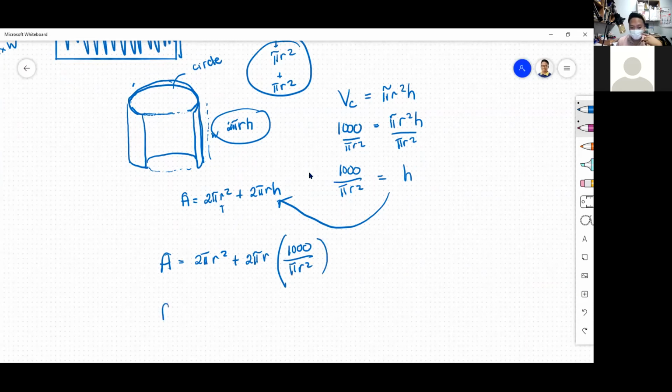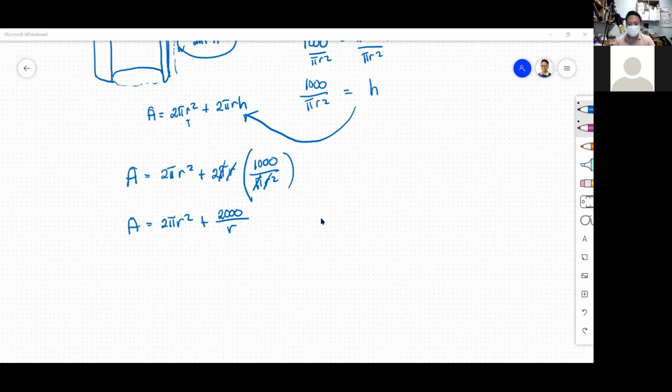And we can simplify it. A equals 2 pi r squared, makancel si pi, tama? 2 times 1,000, that becomes 2,000 over r. Makancel lang sa usa ka r ang r sa denominator. Are we good? Nakasinabot na?